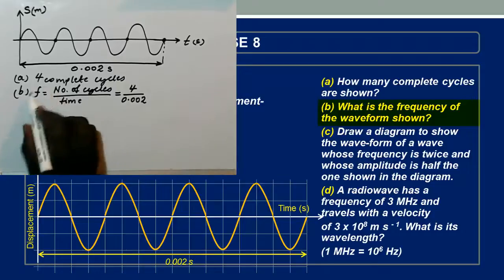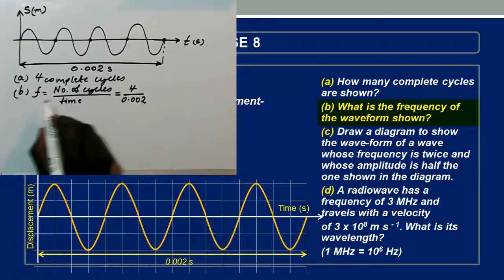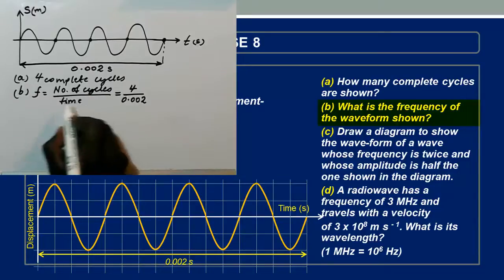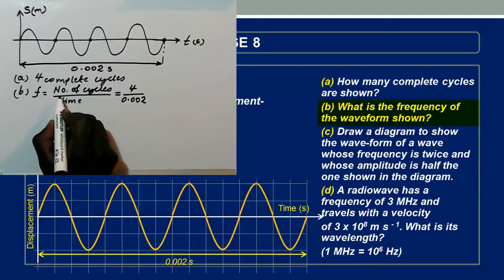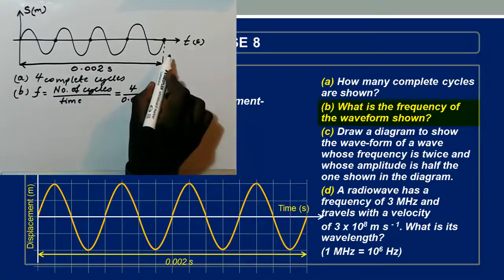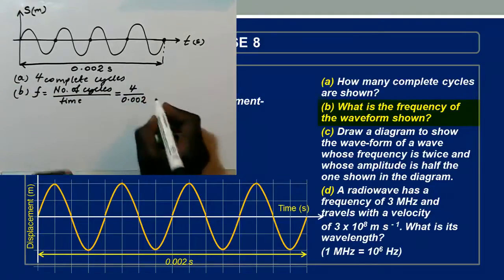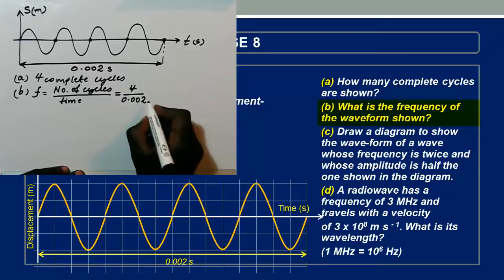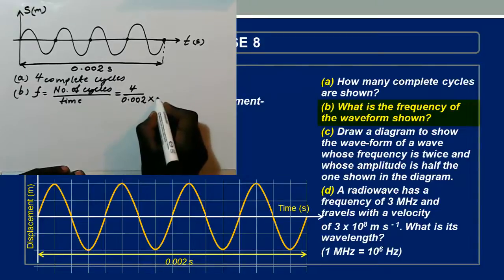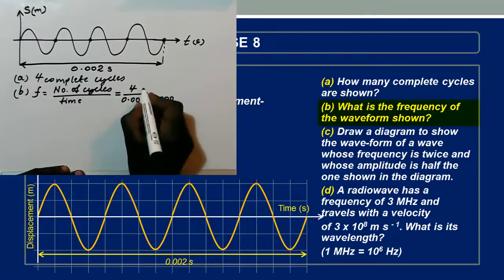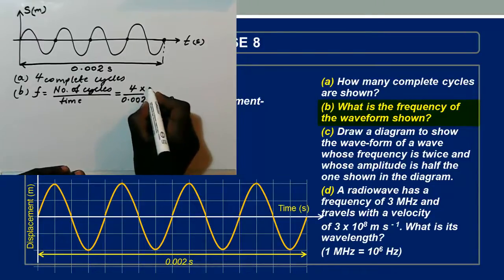The only thing we need to remember here is that frequency is the number of cycles made in unit time, and we can get it by dividing the number of cycles that we can see by the time taken to make those 4 cycles. In order to simplify this, because we are dividing by a decimal number, we'll multiply by 1,000 to make the denominator a simple number, and we do the same for the numerator.